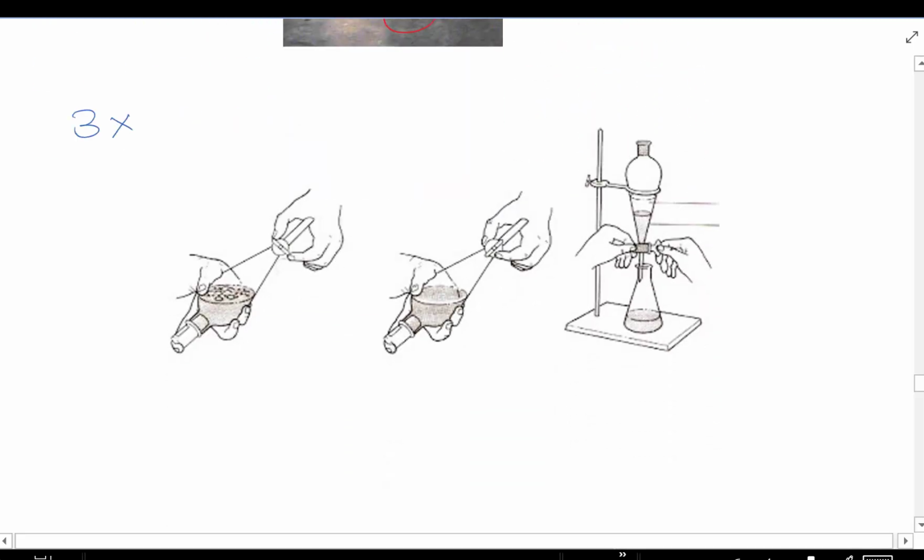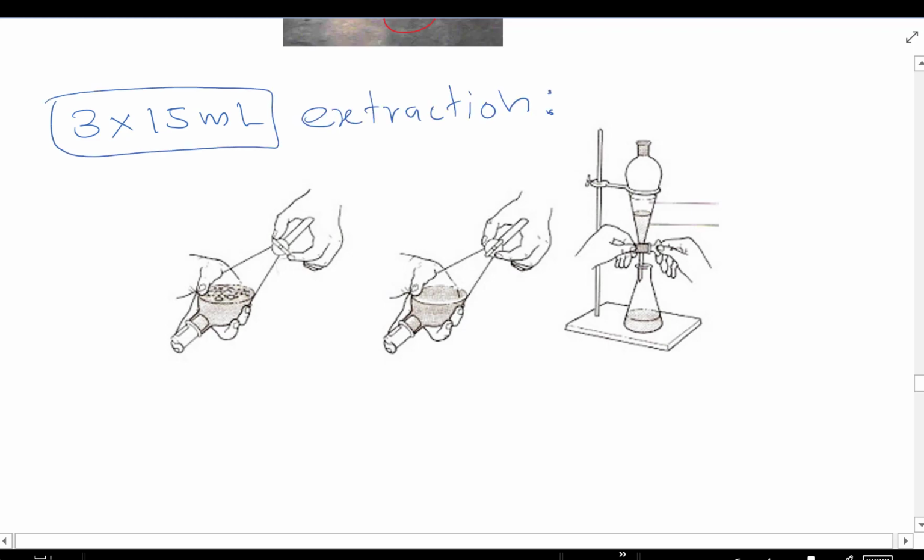So it's written on a ring stand, right? 3 times 15 milliliter extraction means you're going to do it 3 times, each time with 15 milliliters. You add 15 milliliters into your mixture in the SEP funnel and vent it first, and then shake it as shown, right?